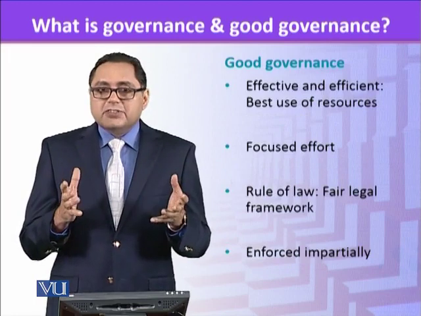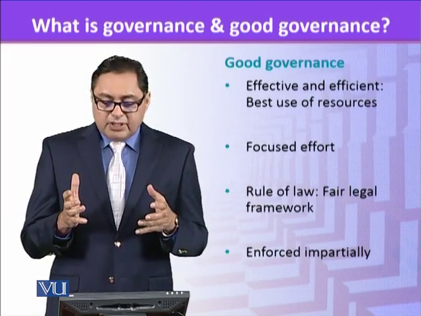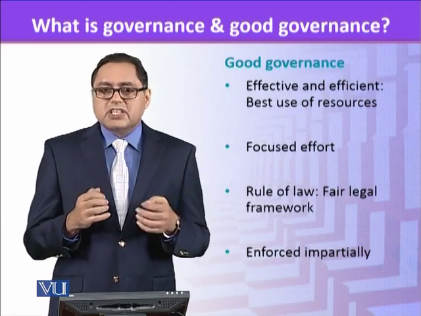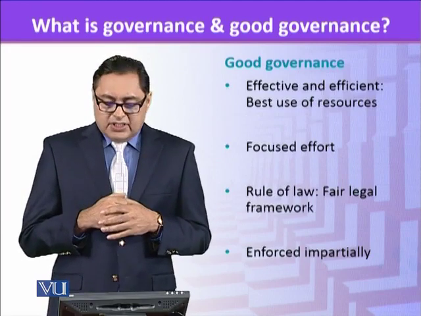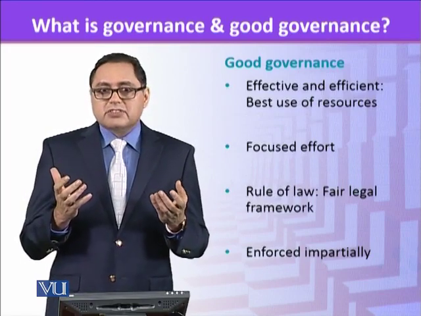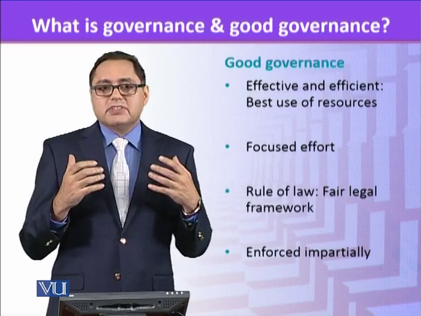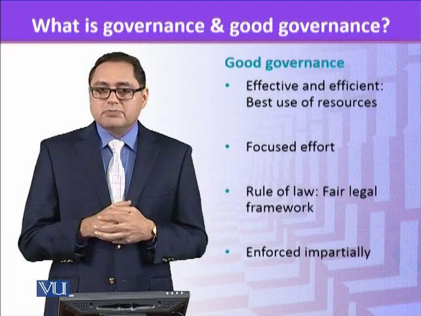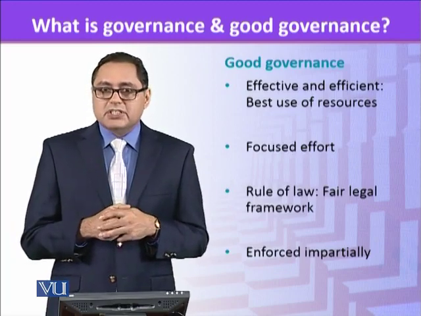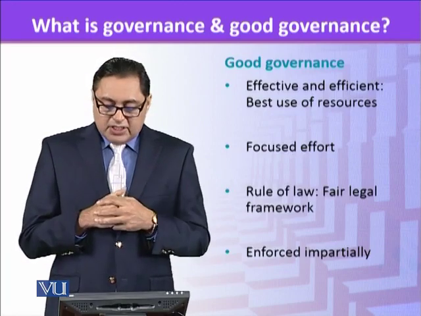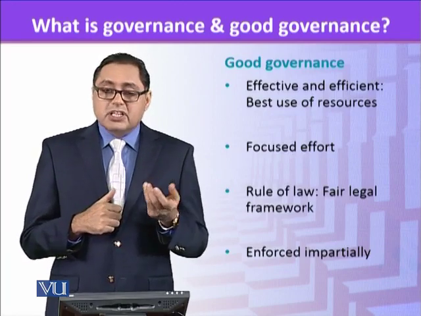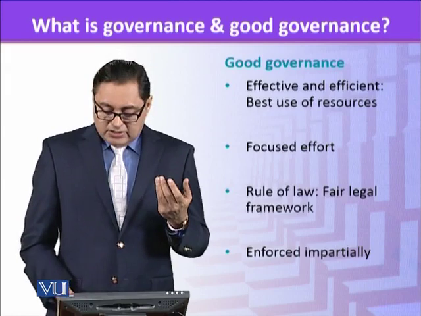And it should be efficient and effective, with the best use of resources and focus. The rule of law, of course, is important. The law should be the same for all the people, and it should be implemented and enforced impartially on everyone.